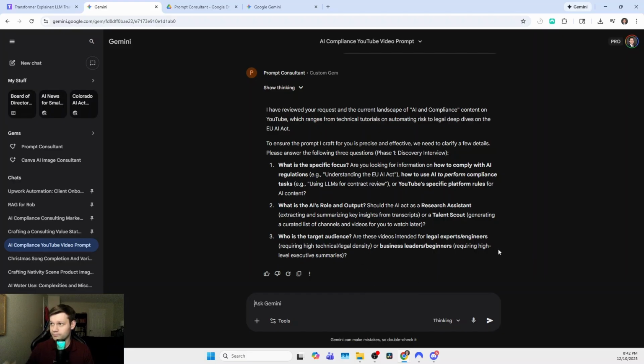Specific focus. What do I want? I want how to use AI to perform compliance tasks. Two, what is the AI's role and output? Research assistant or talent scout?